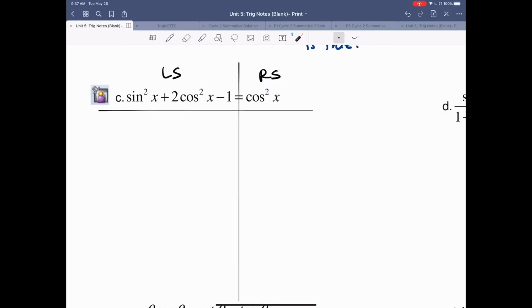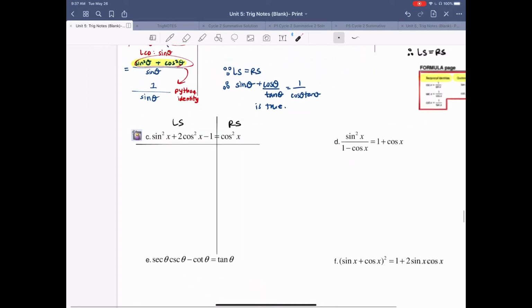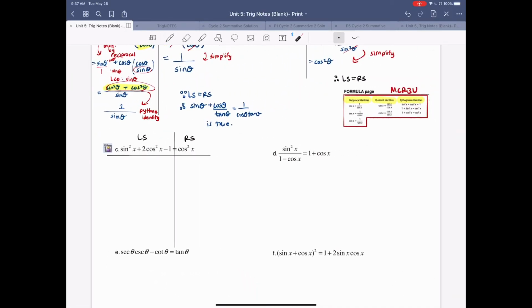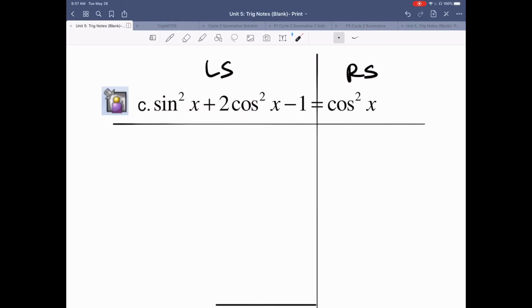So this might be really hard to see at first, but I'm noticing this minus 1, and I know that sine squared x plus cos squared x is equal to 1. And if you have two of these, that means I could break these apart. So I have sine squared x plus cos squared x plus cos squared x minus 1.